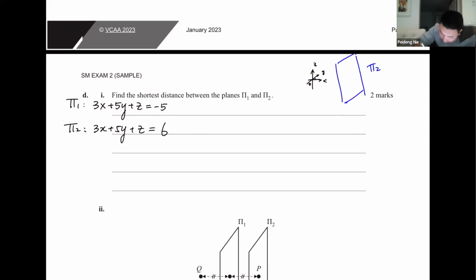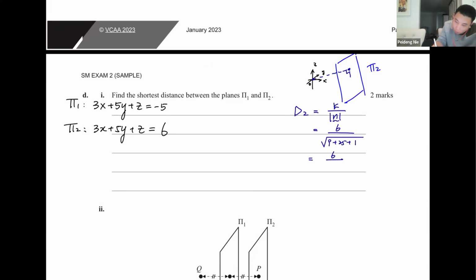You're gonna get shortest distance here, okay? From the origin to this point. So let's say D2. D2 is gonna be K over N magnitude, okay? So I'm going to use 6 over square root of 9 plus 25 plus 1, which is 6 over root 35, I suppose. Yep.